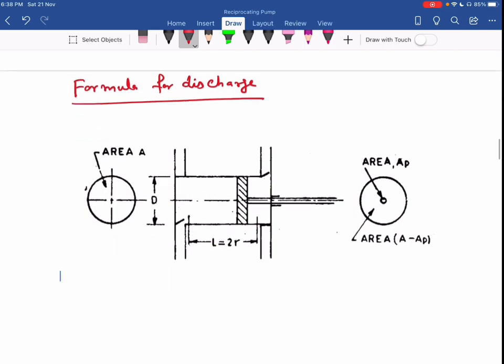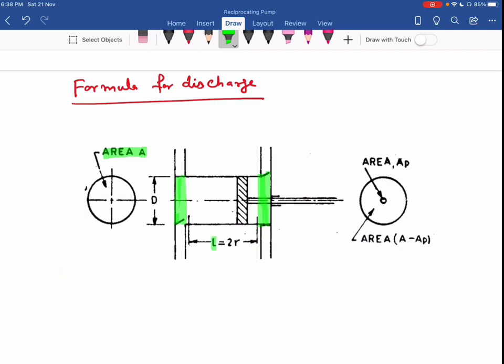Capital A is the area of cross section of the cylinder. When my piston moves from extreme left, that is from this side, to extreme right, I can mark here my piston movement. That piston movement I can represent by L.